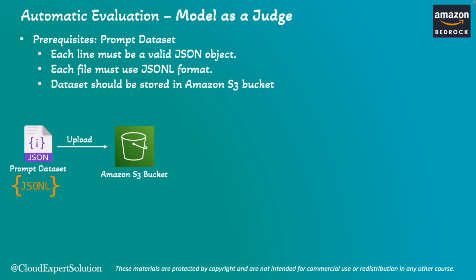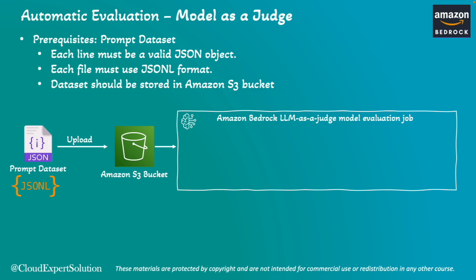Now let's assume we have created our prompt dataset in JSON-L format, and the dataset is available in an Amazon S3 bucket. The next step in the evaluation process is creating an LLM as a judge model evaluation job.